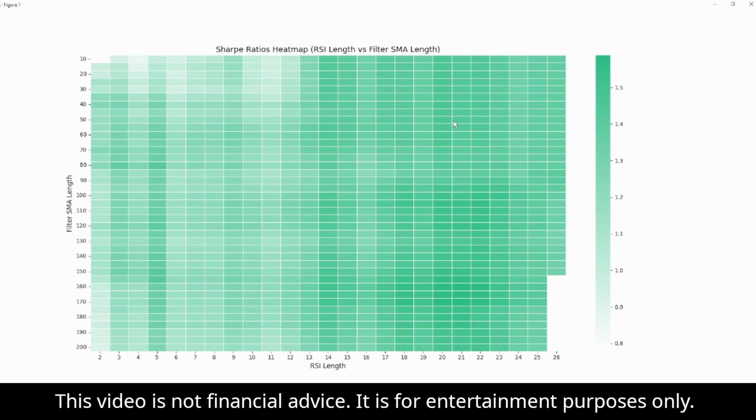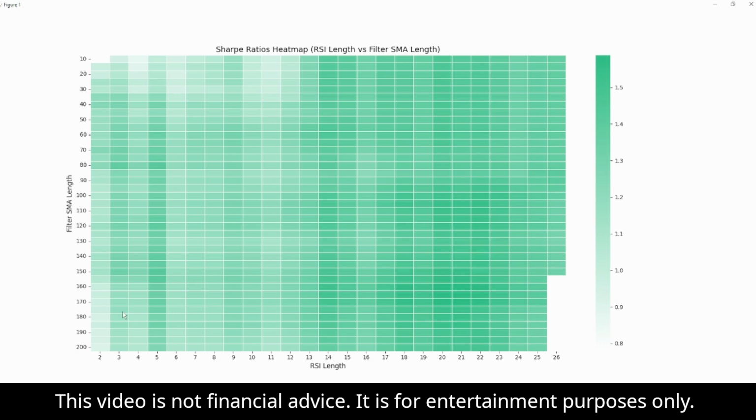Here you can see the Sharpe ratios in green, so the greener, the more performant it was. The x-axis represents the RSI length, between 2 and 26, and beyond that I just stopped the backtests because the number of trades was too low.